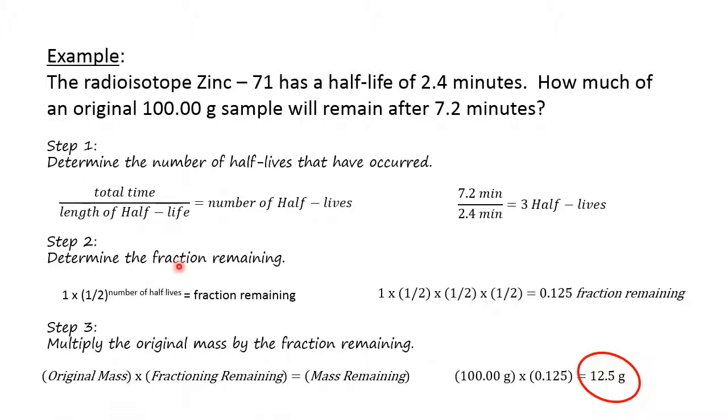To determine the fraction remaining, you simply multiply by a half for every number of half-lives. So here, since we had 3 half-lives, we multiplied by a half 3 times. And then to figure out the mass remaining, you simply multiply the original mass by the fraction remaining.